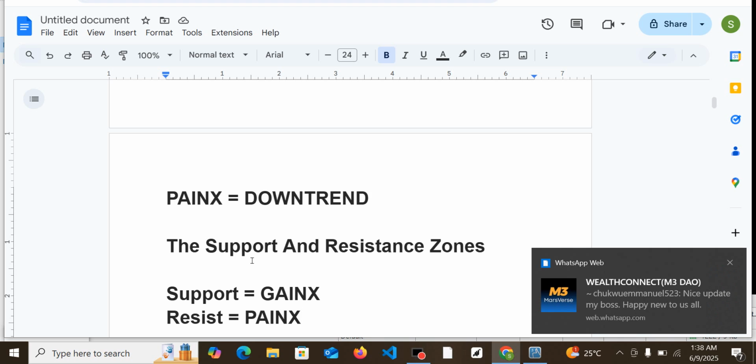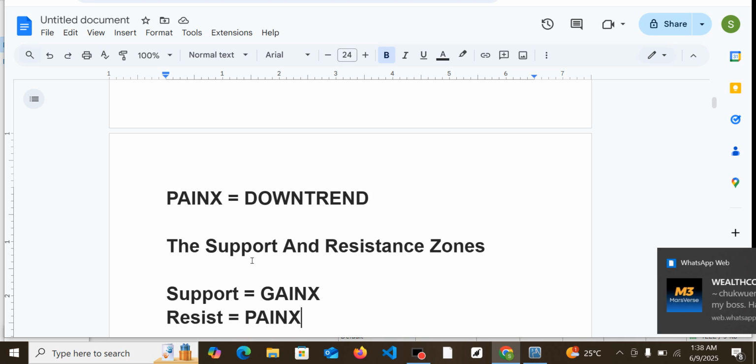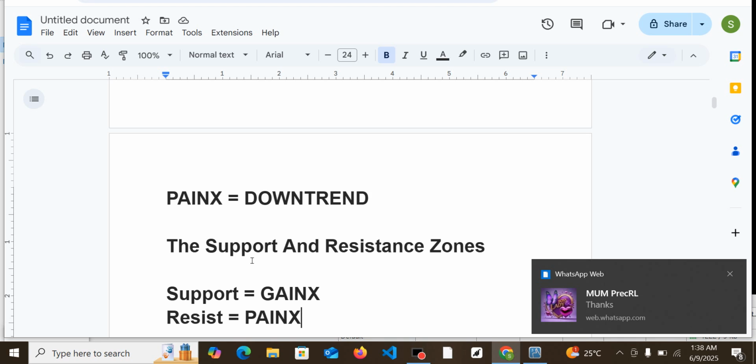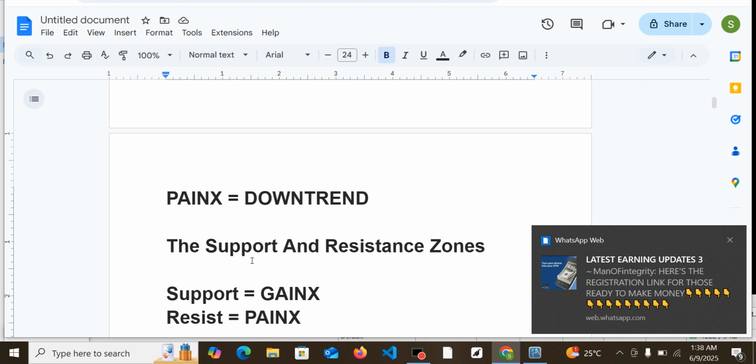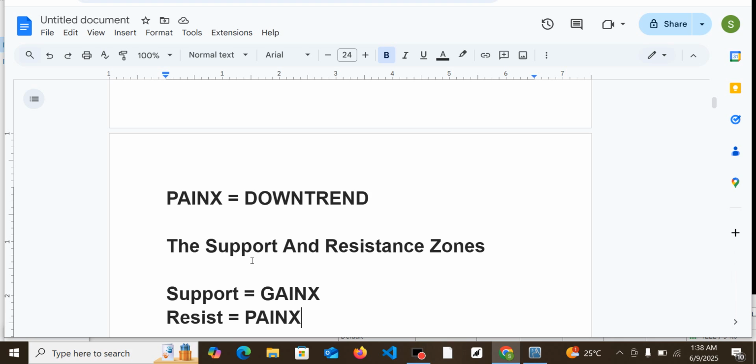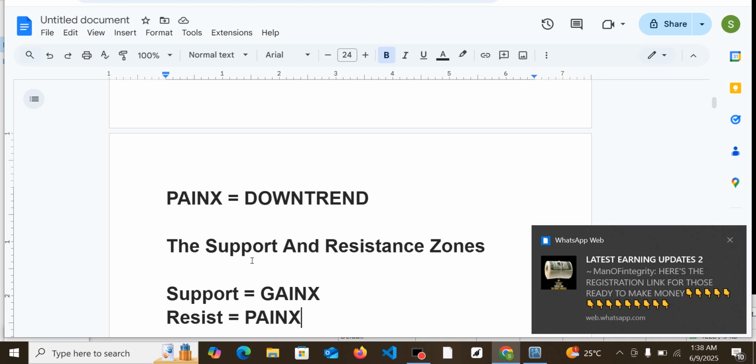For instance, if the market is on uptrend, there is going to be a lot of spikes on GainX. You're going to see a lot of spikes around that area, so all you need to do is target the support around there, and you are most likely to make good profit.